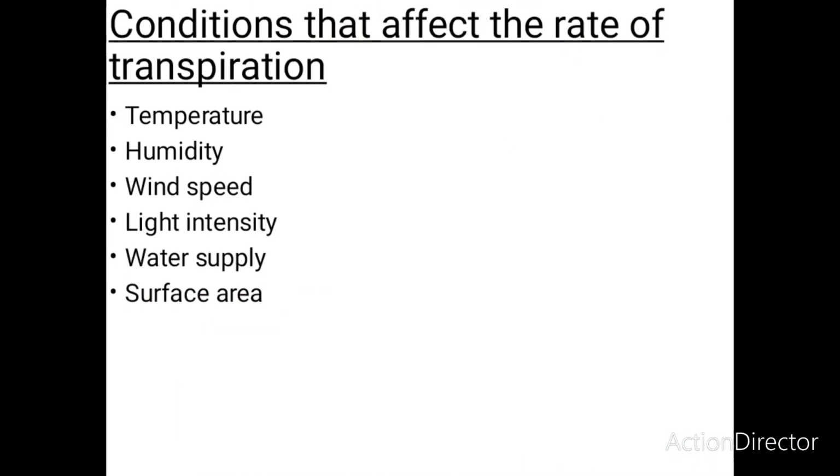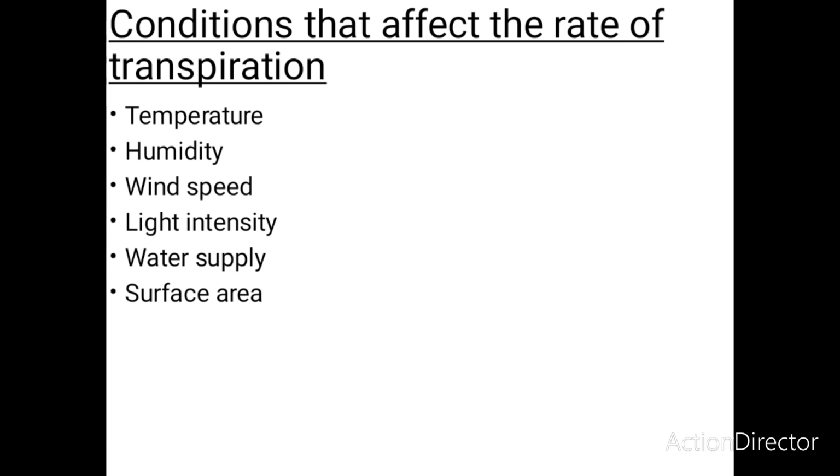A number of factors affect the rate of transpiration. We mentioned that transpiration is the loss of water vapor from plant surfaces. So temperature, humidity, wind speed, light intensity, water supply, and surface area affect the rate of transpiration.